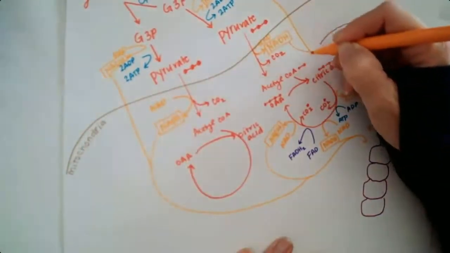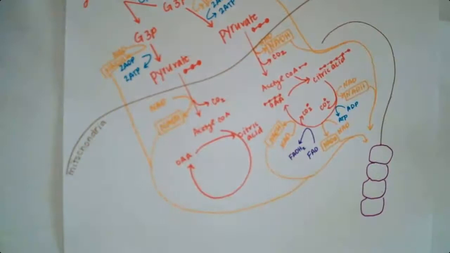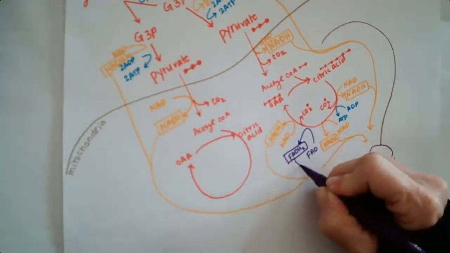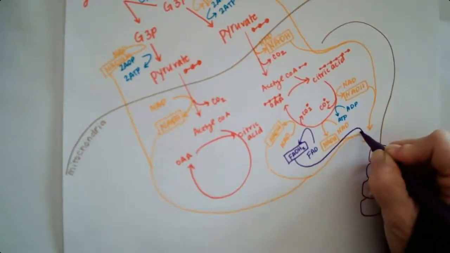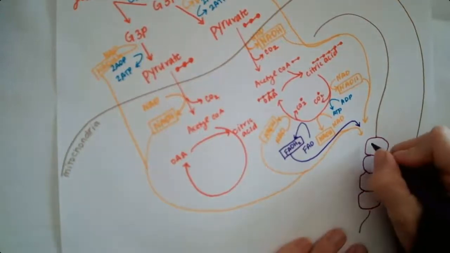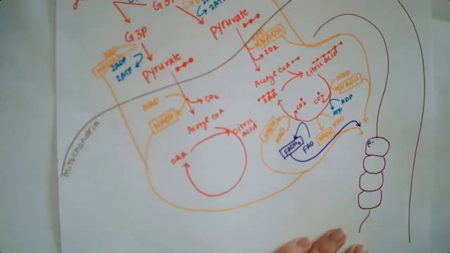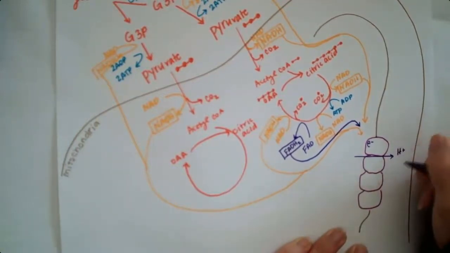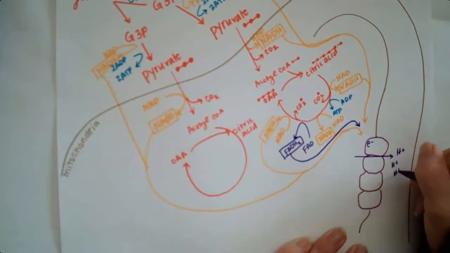Everybody is on its way to this electron transport chain, including the FADH2. At this moment we get the separation of the electron, which gets dropped off at the electron transport chain, and we get the creation of the proton gradient in the inner membrane space.